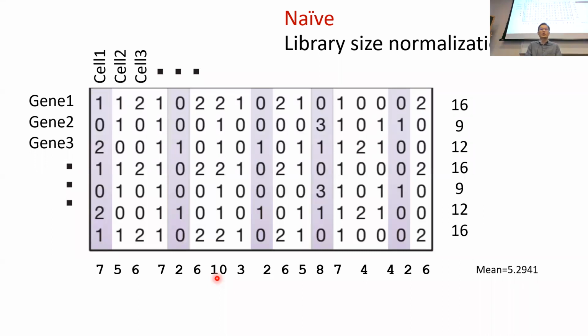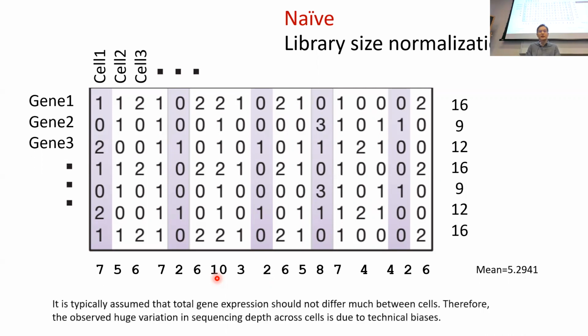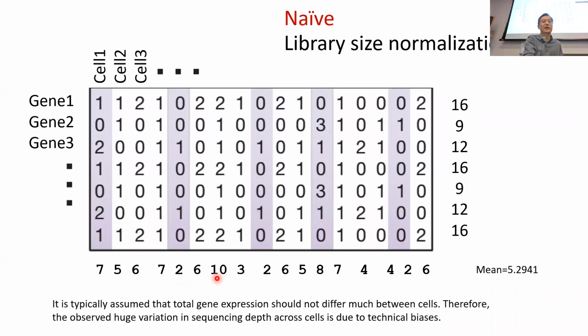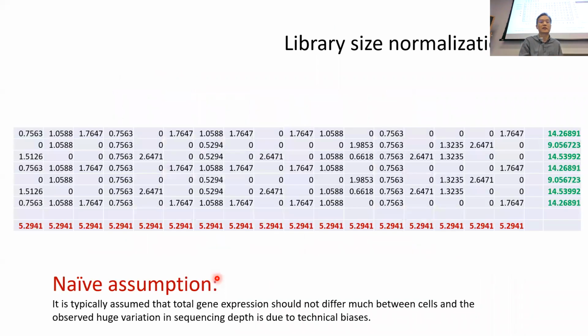What we can do is to sum. So we get a 7 and 5, and we normalize, and at the end you have the average for all the columns. The sums of the columns are the same.